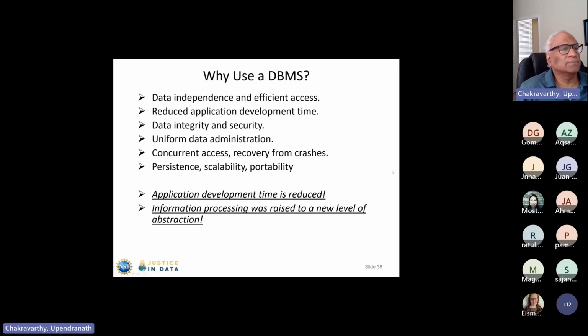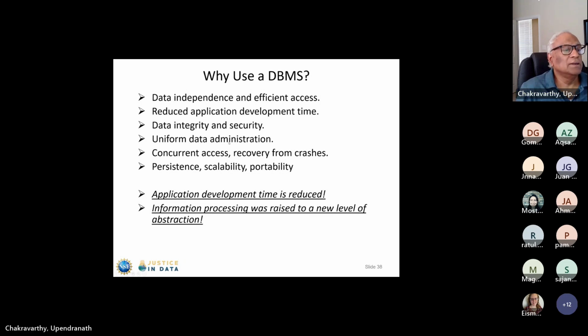Why use a DBMS? It provides a bunch of advantages: data independence, as I described, and it also provides efficient access. We will not go into that. Because of the data independence, reduced application time. It maintains data integrity and security, uniform data administration, multiple users, and very importantly, recovery from crashes. So application development time is reduced, and information processing was raised to a new level of abstraction.